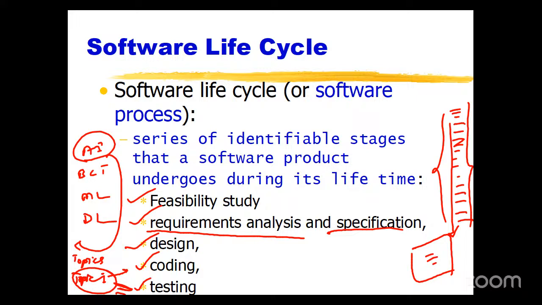So these stages are undergone by a complete software product, which we call the software project. From choosing the topic till the completion of the project is our life cycle process, that is the software life cycle. Is it clear? Software life cycle process. Clear?